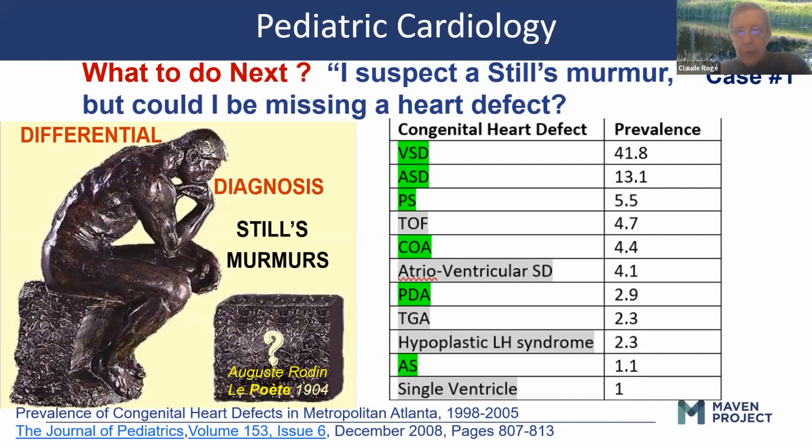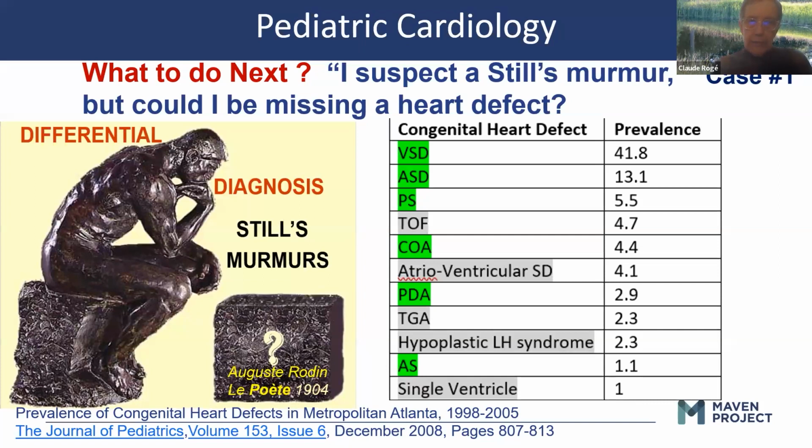But I put here on the right side a list of the most common cardiac conditions in the Atlanta metropolitan area. These are the most frequent heart conditions encountered in that place, and that's probably the same all over the country. And in green are the conditions that you, as primary care provider, are going to be detecting.